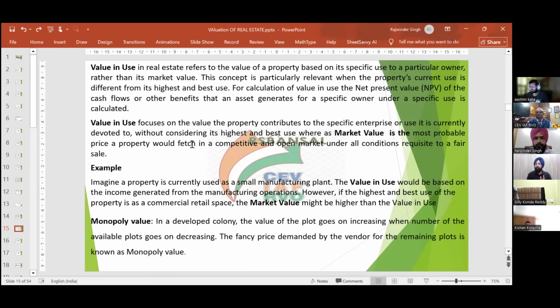Highest and best use means, let us suppose you have a residential building in a commercial zone. Zone is commercial, but your building is residential. It has not been put to its highest use. Highest use would have been commercial.